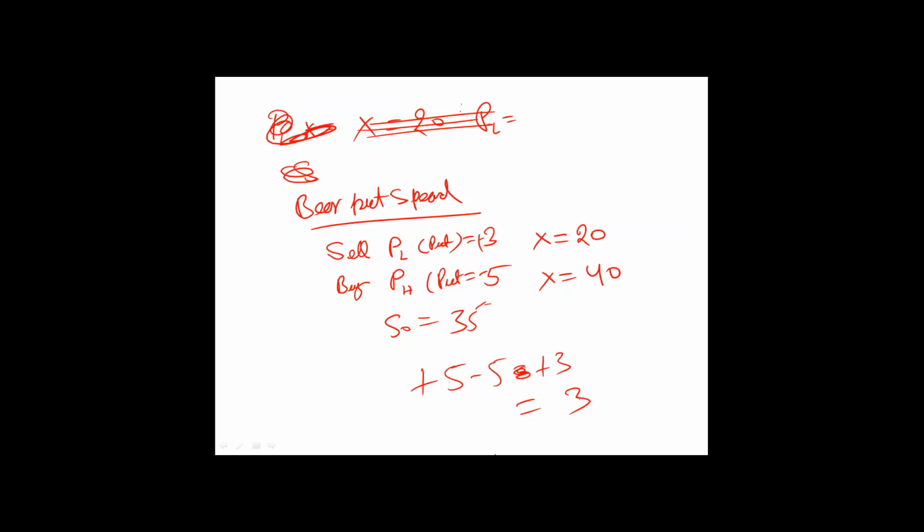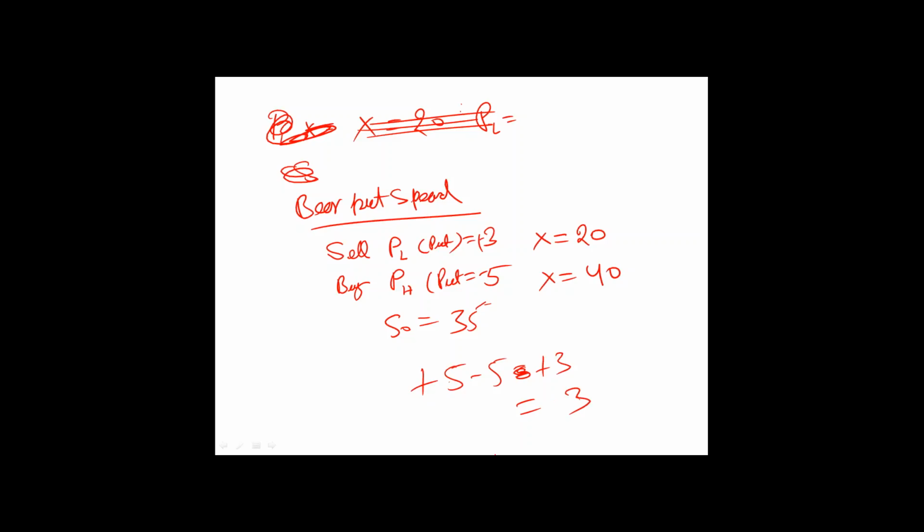3. So if the price goes down, it gives you profit. And if price goes up, above this level you have a loss. You have a loss of 2 because you are paying more premium and receiving lesser premium.